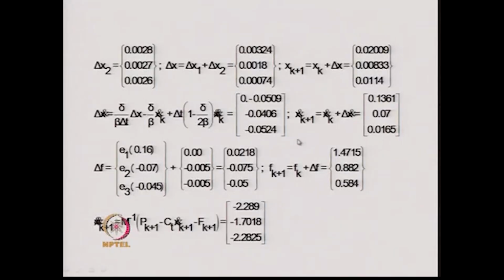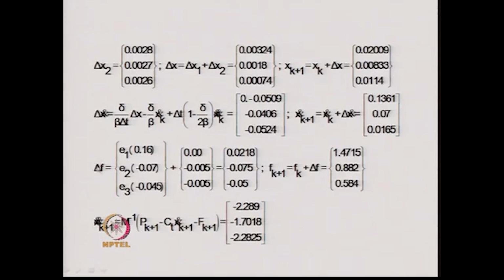Once we add them together we get the total displacement delta x vector, and the delta x vector comes out to be this. Now, with this delta x vector, the x k plus 1, that is the displacement at the current time step, is obtained as x k plus delta x.